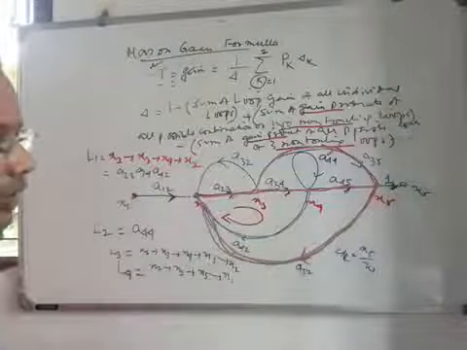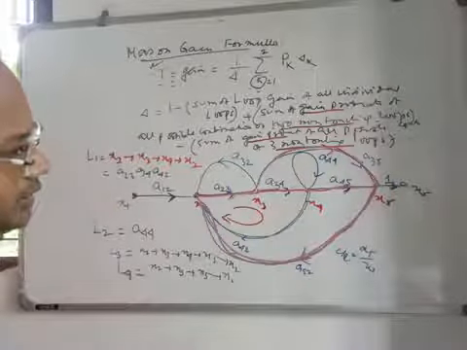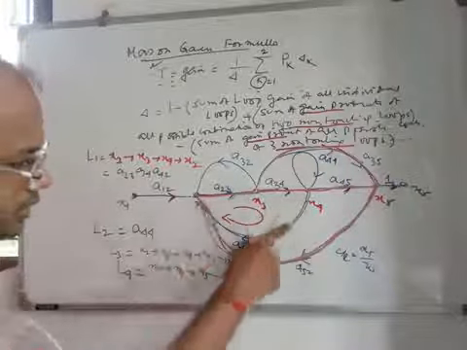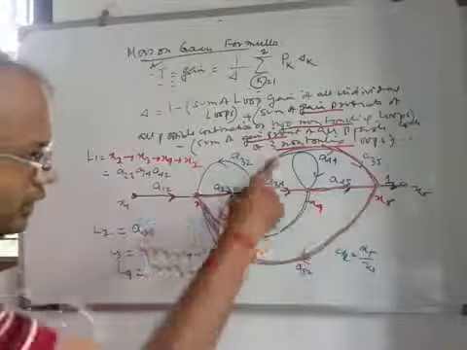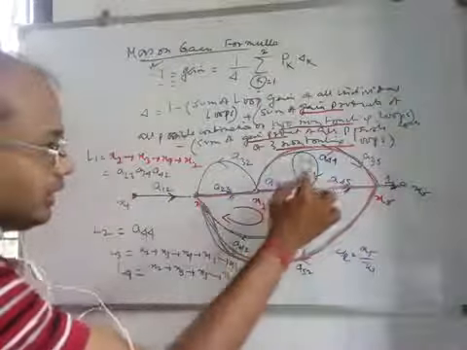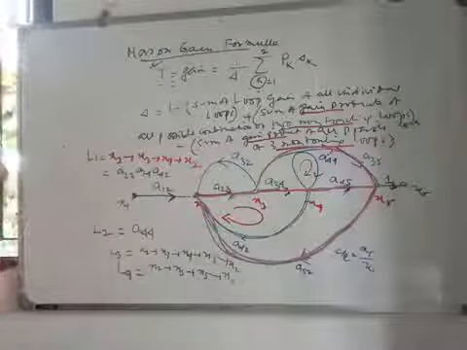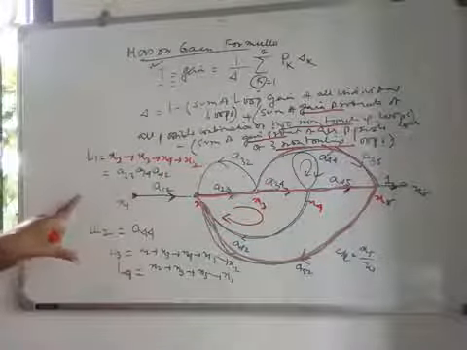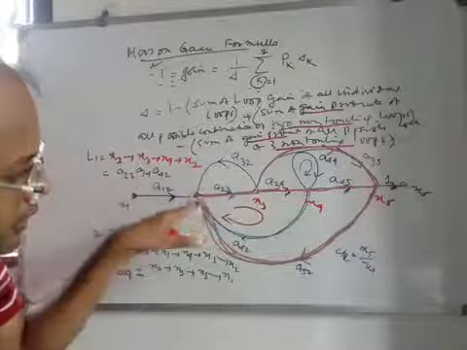These are the 4 loops I can find from here. So these are all the individual loops. Is there any other loop I can find?